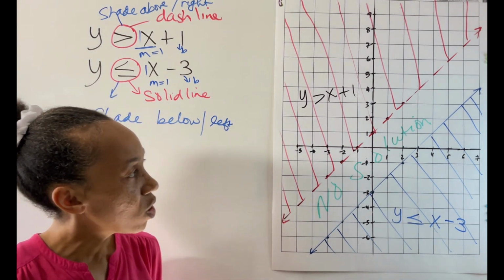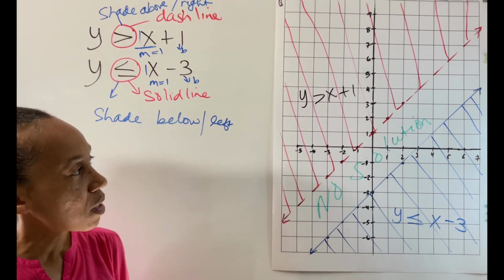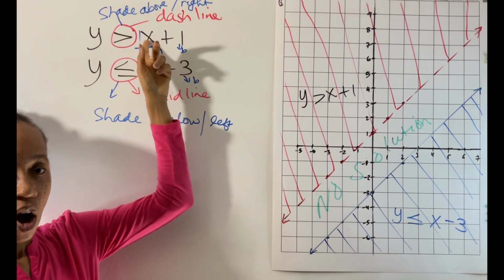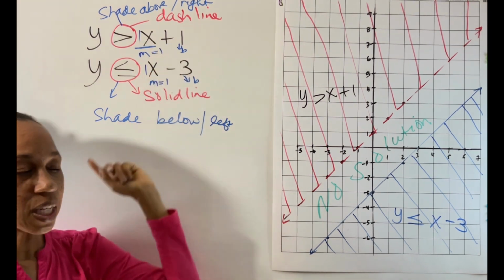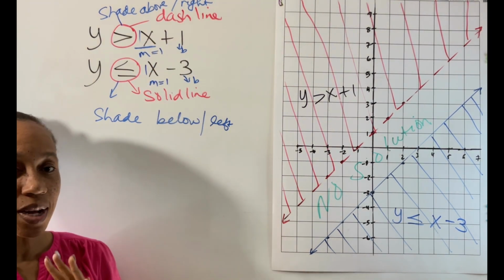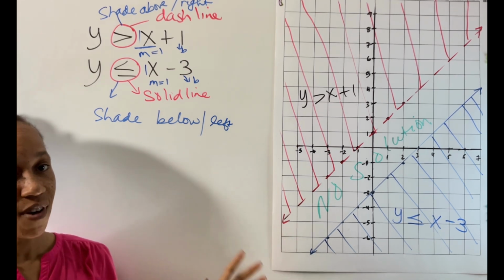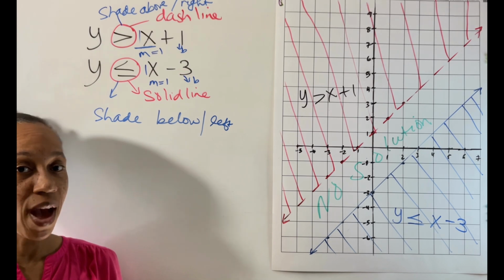And another thing you'll notice in this particular situation is that the slope of both inequalities is the same, and because they are the same, you have a parallel line on this graph. So that is another situation that you have occurring.